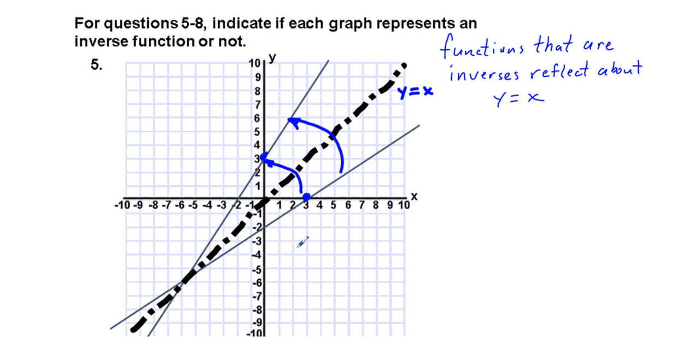And likewise, this x-intercept of negative 2 comma 0 has an inverse of y-intercept of 0 comma negative 2. So answer this question, yes, they are inverses of each other.